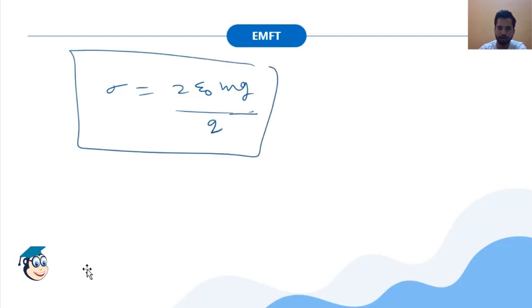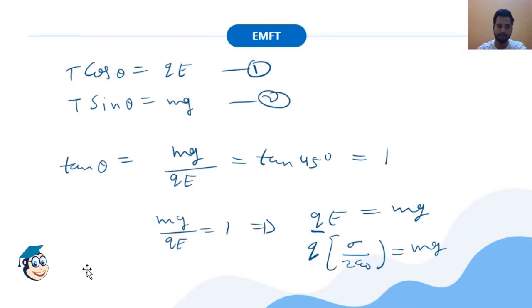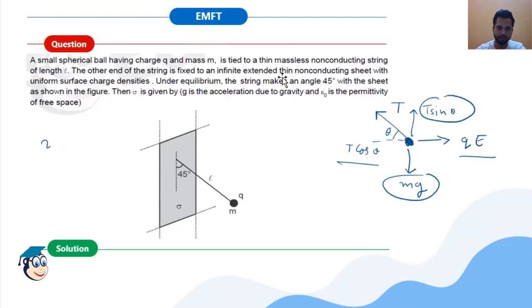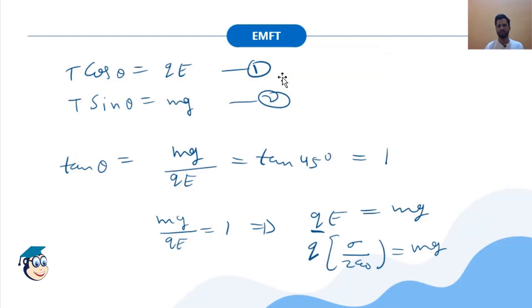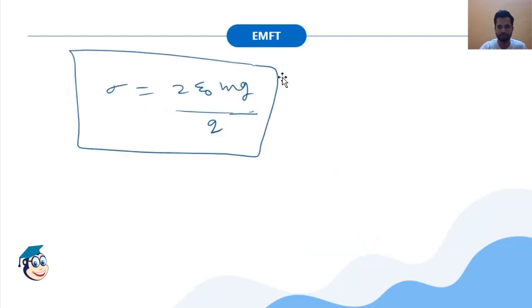So this is the sigma, and this was a question of JAM 2019. So you can solve any question which is something like this or related to this. Whenever equilibrium is given, you just have to equate the forces in x and y directions, taking components of all the forces, and solve the simple mathematics behind that, and you will easily get the solutions.